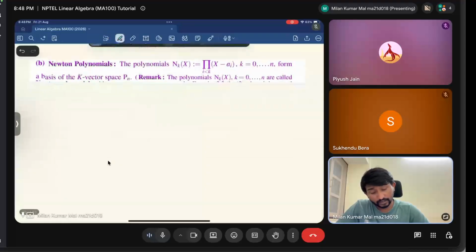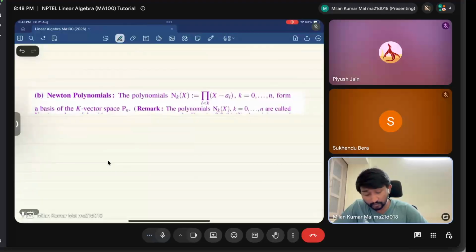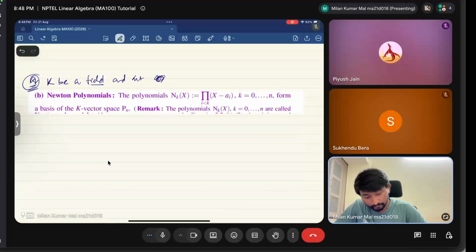So this is the Newton polynomial. The question is: let K be a field, and let a0, ..., an belonging to K be distinct points.